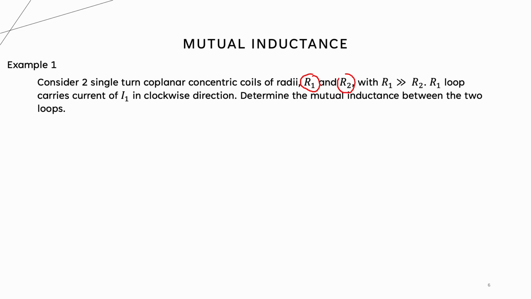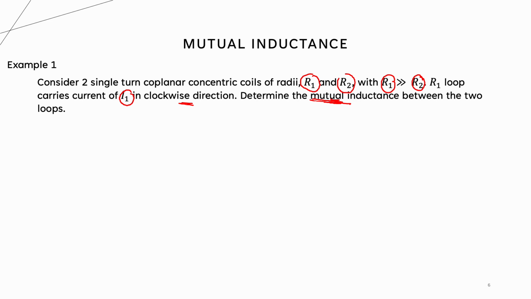They are coplanar, lying on the XY plane, where the radius R1 is much larger than the radius R2. The R1 loop carries current I1 in the clockwise direction, and we need to determine the mutual inductance between the two loops.